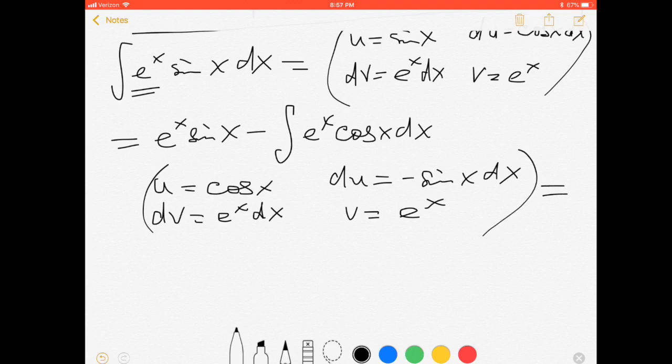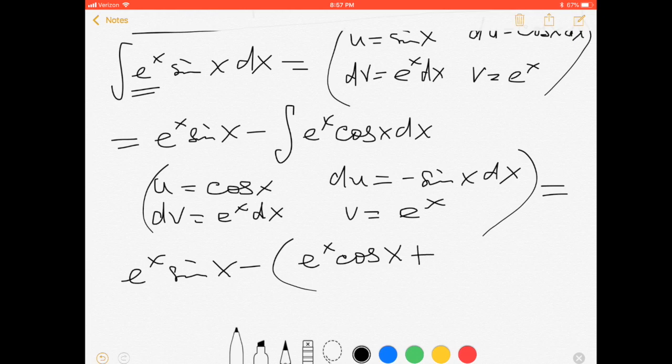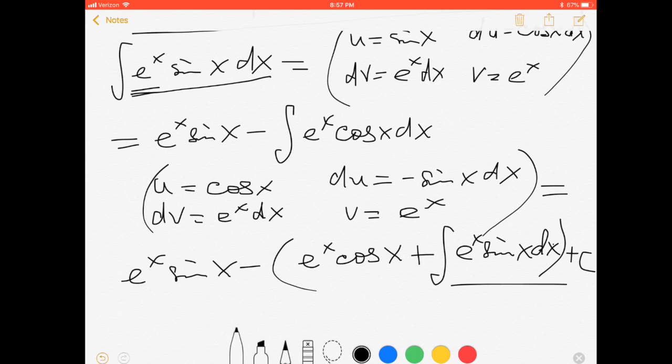Continue. What we have: e to the x sine x minus, I write parentheses, uv, which will be e to the x cosine x minus v du, but because we have a minus here, it will be plus e to the x sine x dx, plus c. But I come back to exactly the integral that I have: e to the x sine x dx.